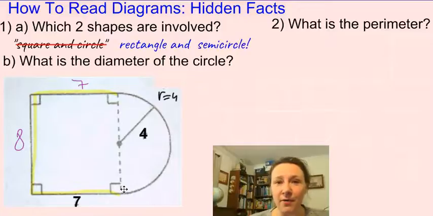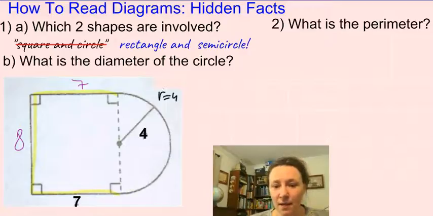To answer this question correctly, you have to remember that on a diagram, any lines that are shown as broken lines are not meant to be there. And the reason we show them is to help us find missing information about those sides that matter.